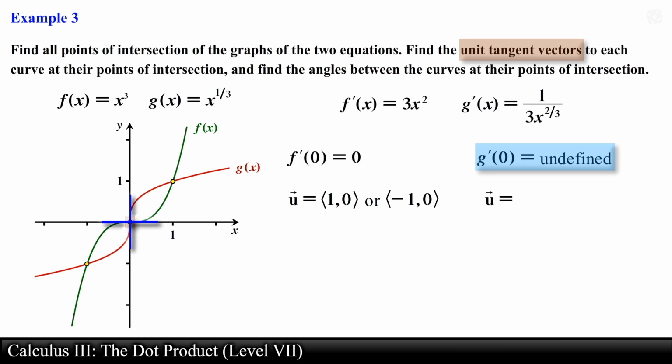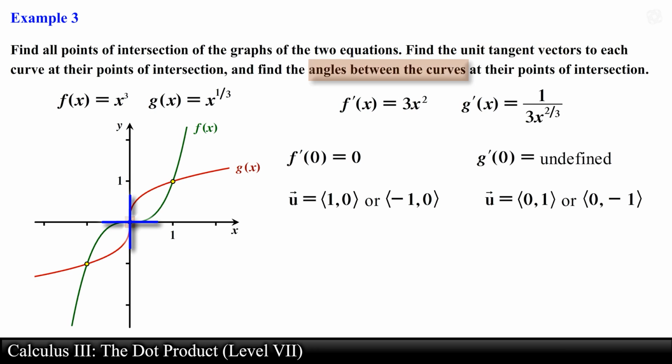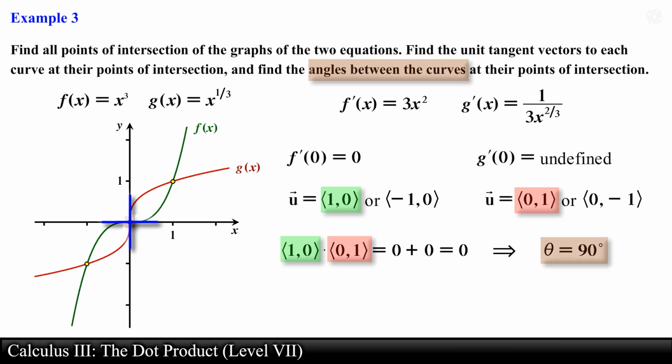So a unit vector that is tangent to this curve would be the vector with components (0, 1) or (0, -1). Next, we need to find the angle between the unit vectors of the two curves. Using the component definition of the dot product, we see that the angle is equal to 90 degrees. In other words, the vectors are orthogonal to one another.